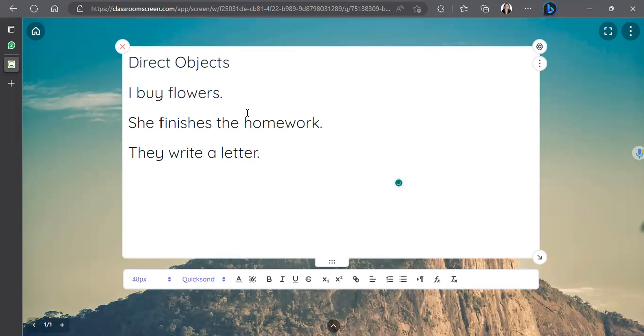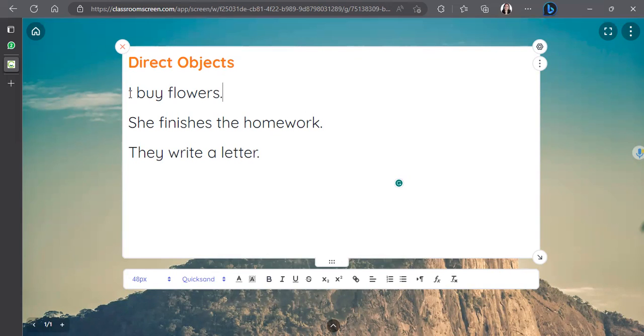Okay. So in this example, I want to show you some information about the direct objects. This is for you to identify what are the objects in the sentence, okay?